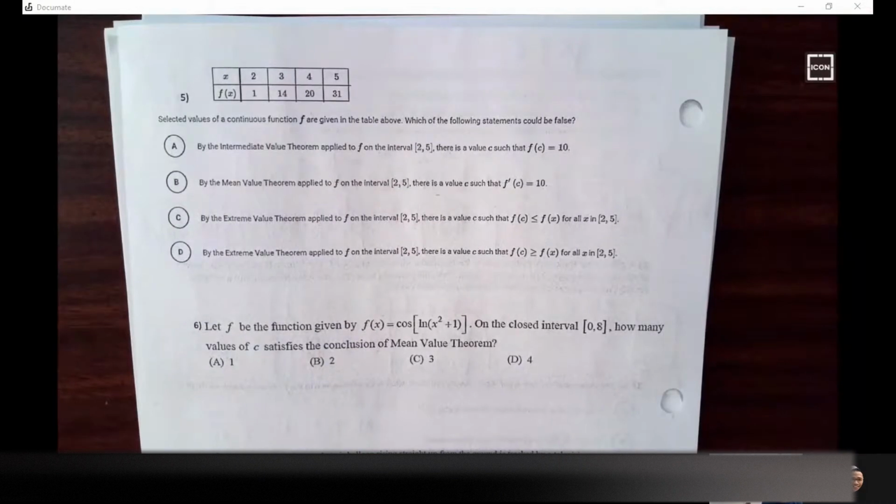All right, number 5. We have selected values of our function. Which of the following statements could be false? Selected values of a continuous function. So we know that graph is continuous, but it doesn't say anything about differentiable.